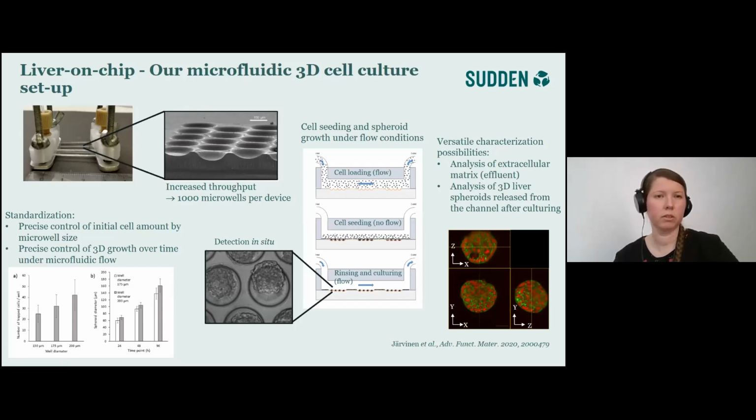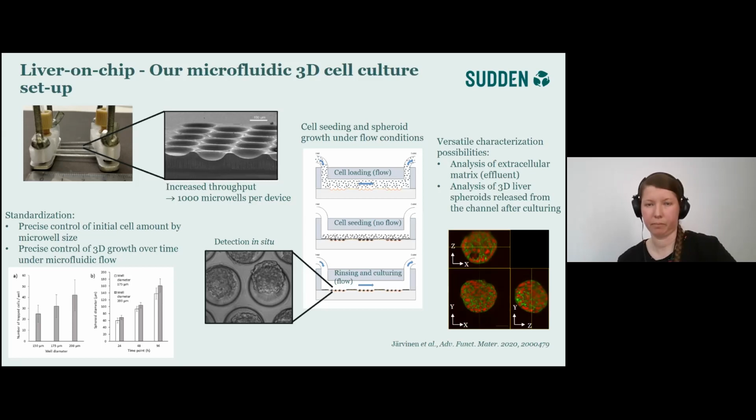It's a straight channel around 3 centimeters long, and at the bottom of the chip we create these micrometer scale microwells in the system. So we load the cells into the system as a single cell suspension, and the microwells work as a trap for the cells.